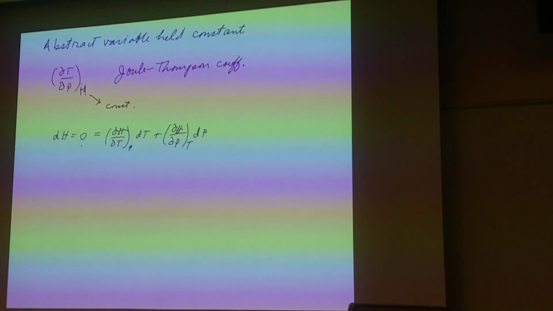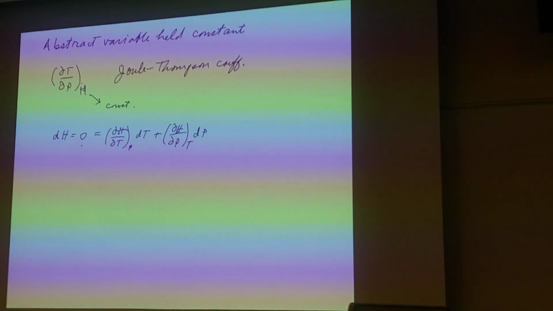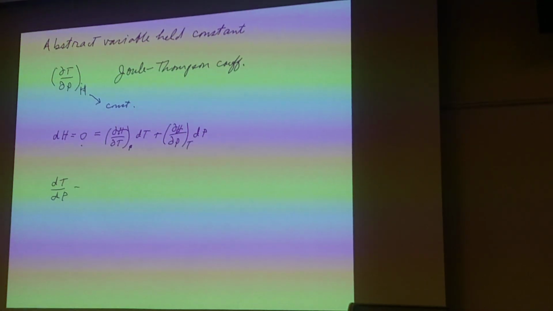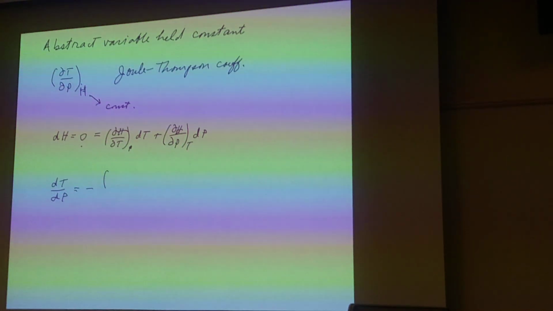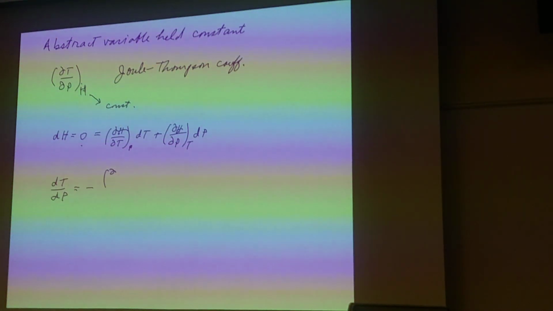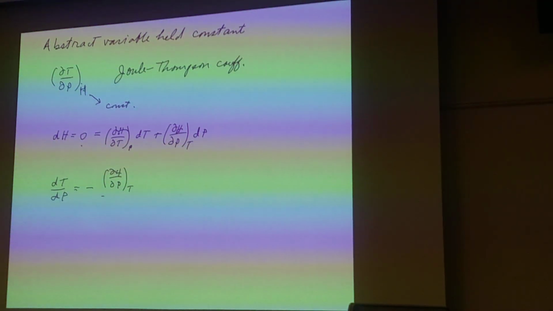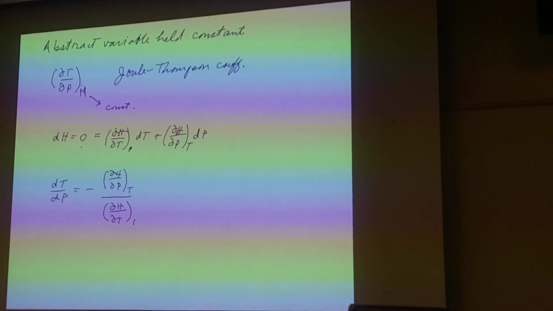This is 0, so I can write dT over dP out of this as just equal to minus, now just look at this, minus partial H with respect to P at constant T over partial H with respect to T at constant P.